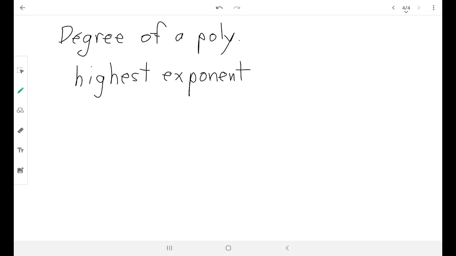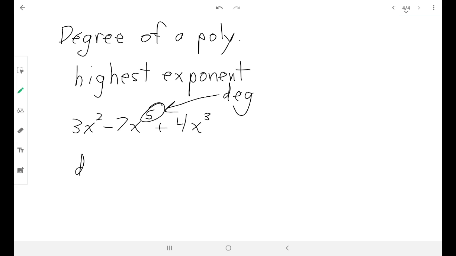So if I gave you something like 3x squared minus 7x to the fifth plus 4x to the third, that would be the degree, so the degree would equal 5. That's the degree of the polynomial.